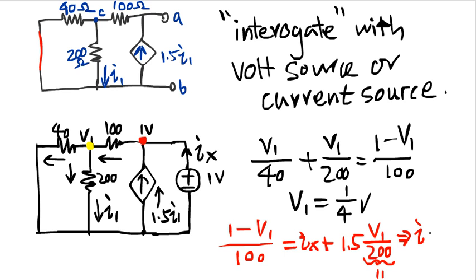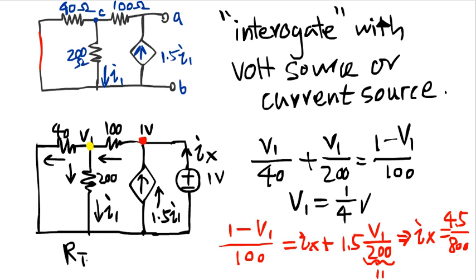So now we can easily find that Ix is 4.5 divided by 800. Well, it's actually not that easy, but let's assume that that's the result here.